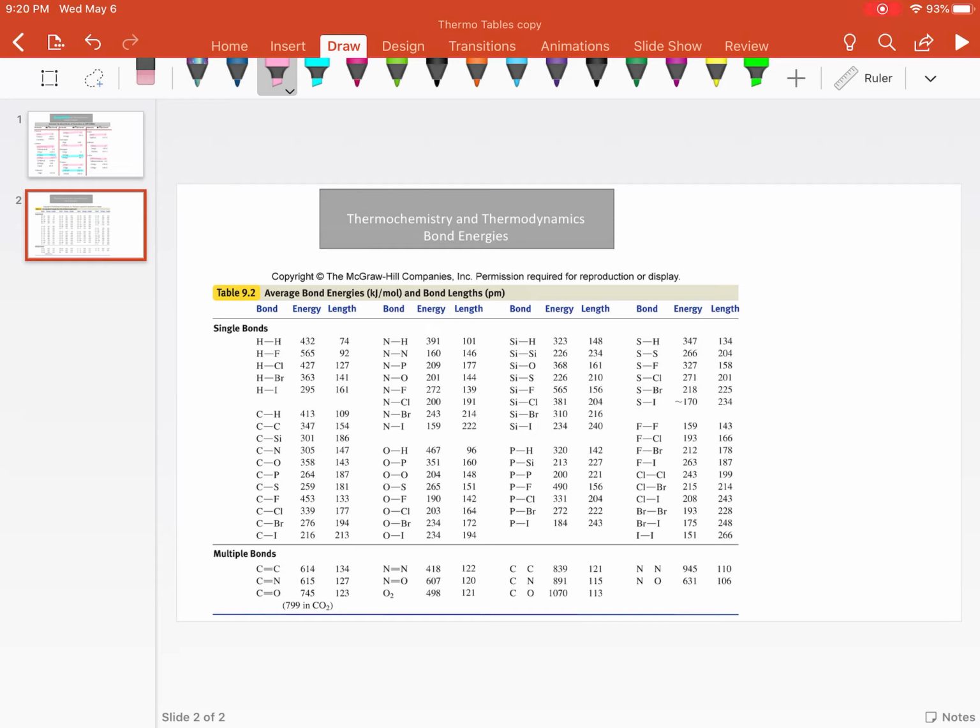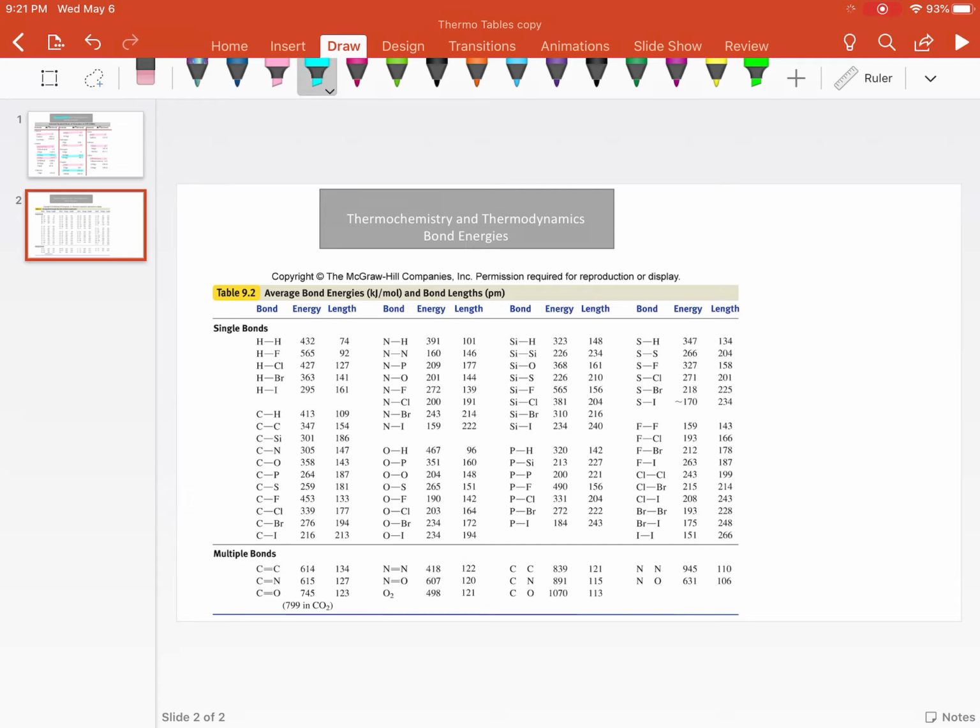You literally just have the value. Like for an NH bond, it's 391. It doesn't tell you if you're making or breaking. So we're going to read this table just a little bit different. We're just going to swap our math a little. I'll show you how to do that because there's no negatives on here. It's not telling you exo or endothermic. That's up to you.